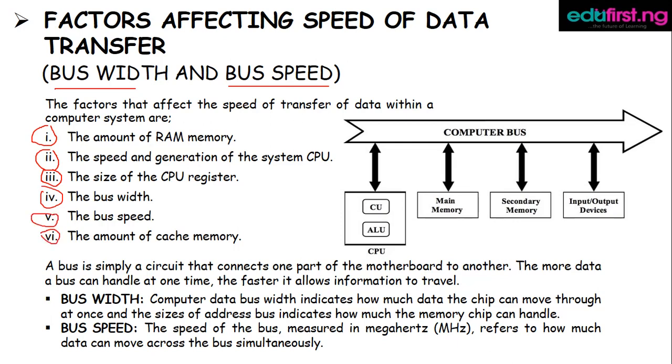So let us quickly take a look at what a bus is, since we'll be emphasizing the bus width and bus speed. A bus is simply a circuit that connects one part of the motherboard to another. This is just like another definition because we've defined what a bus is from our first page. The more data a bus can handle at once, the faster it allows information to travel.